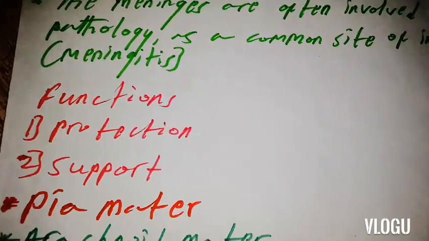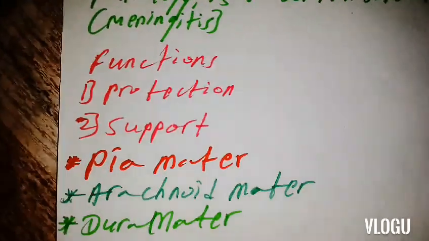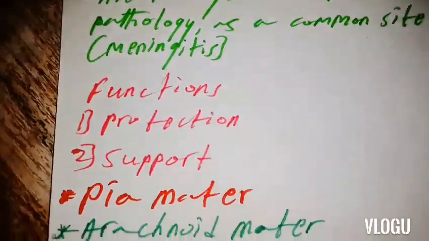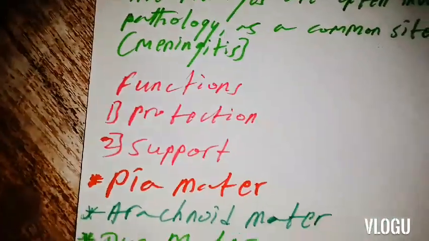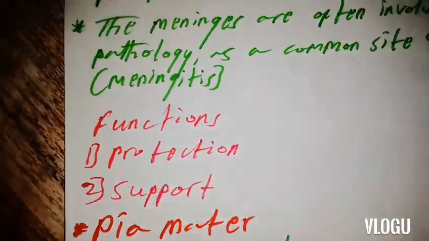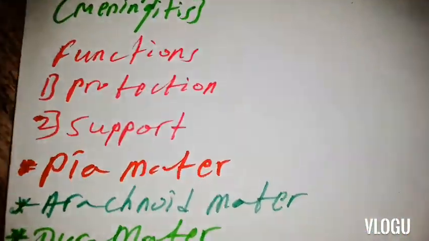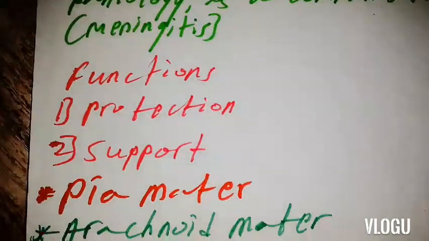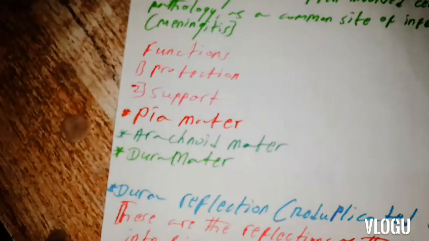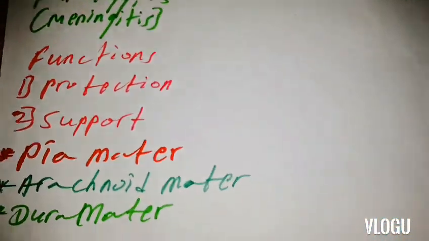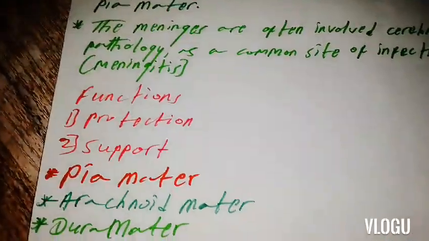Just before we dive into each of them in detail, let's know this. Apart from the skeletal covering of the central nervous system, the meninges form the membranous covering of the entire central nervous system internally. This is because the brain and spinal cord are very soft structures, and they require very delicate protection.